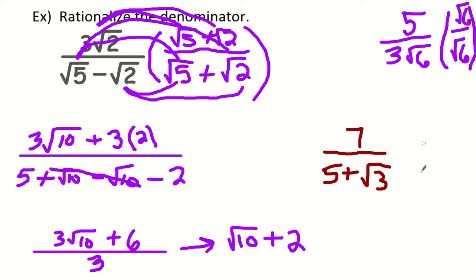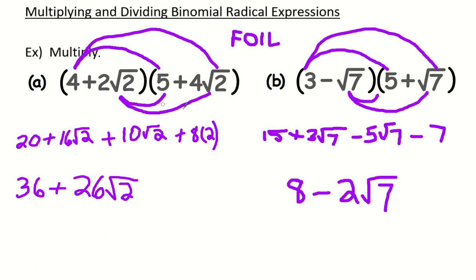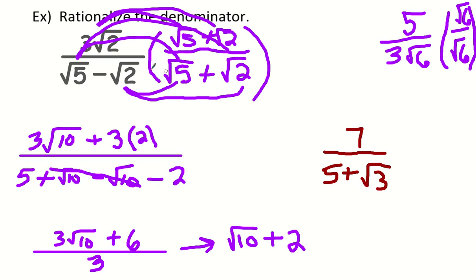What you would multiply top and bottom by would be 5 minus root 3. The conjugate of this is 5 minus root 3, just like the conjugate of this was root 5 plus root 2. So that should set you up. So again, problems like this where you're multiplying bubbles together and foiling, and then rationalizing denominators like this.